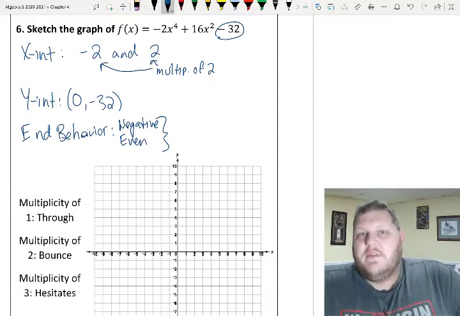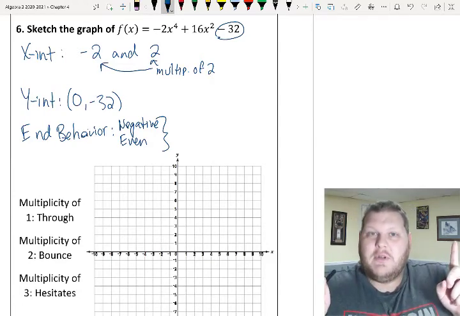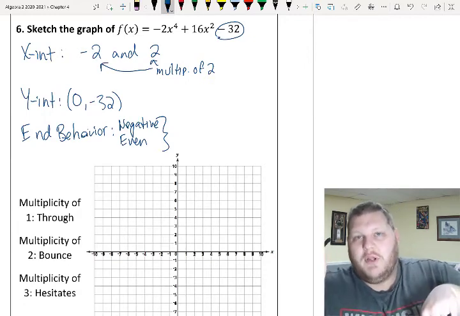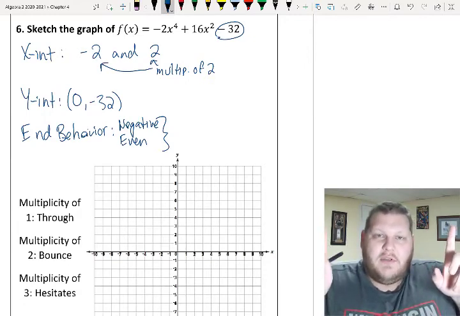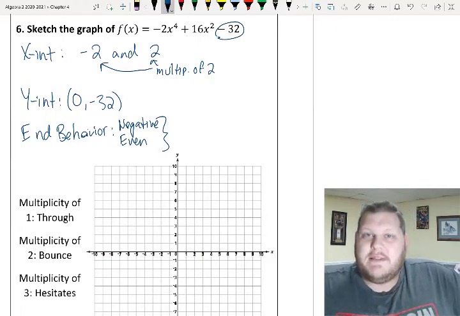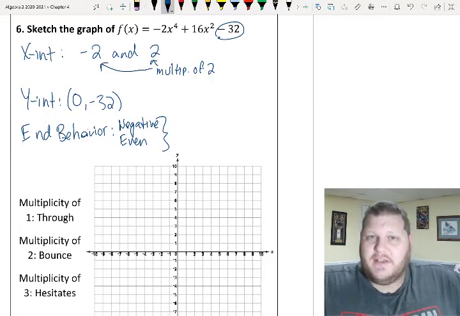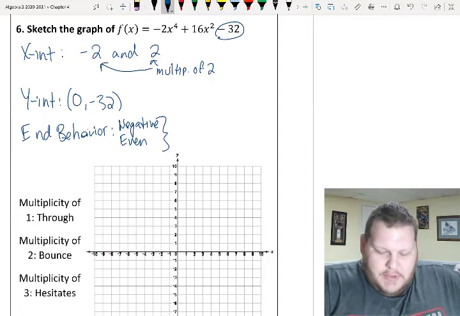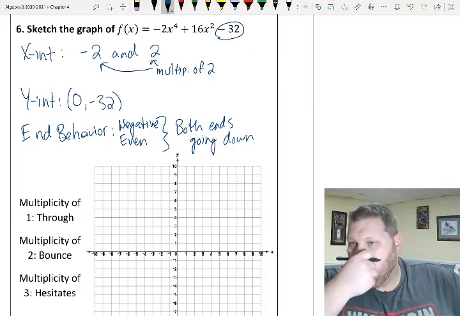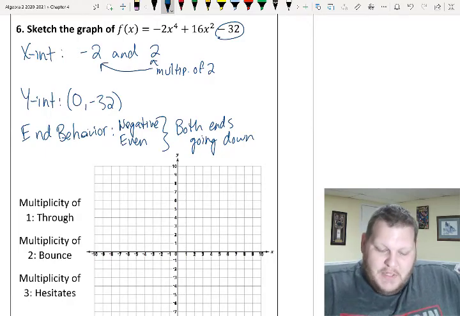Which remember, even tells you that they point the same direction, right? If it was odd, they pointed opposite directions. Linear, one up, one down. Even, both up or both down. And then my negative tells me what the right side does, but here in this case it doesn't matter because they both point down. So we're going to have both ends going down. So now I can start filling in this information.